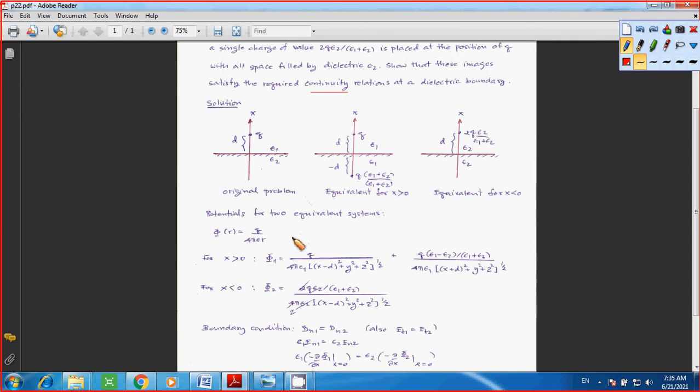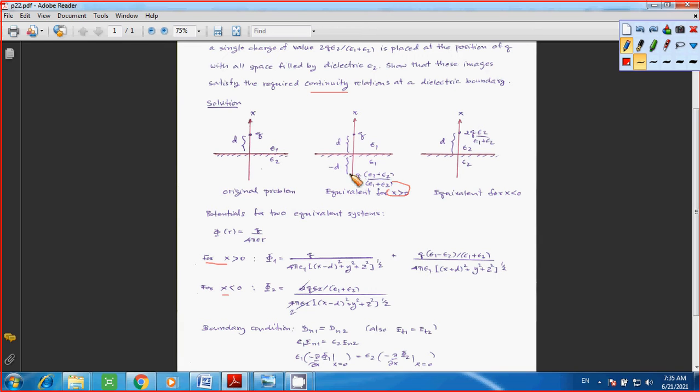So you need to pick two regions, one for x greater than 0 and the other for x less than 0. For x greater than 0, you pick these charges. By superposition, phi1 is going to be the potential from the point charge q and the potential from the image charge q prime.